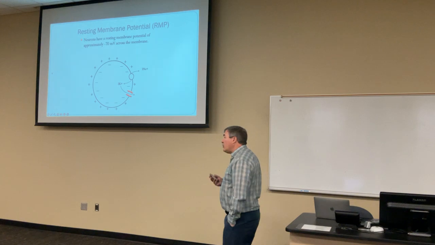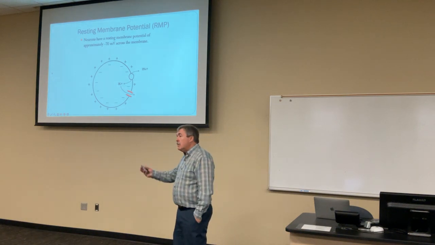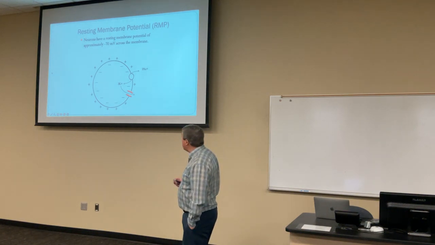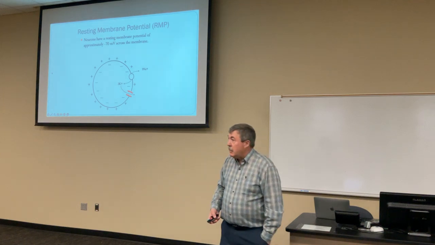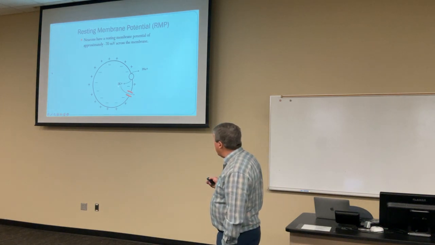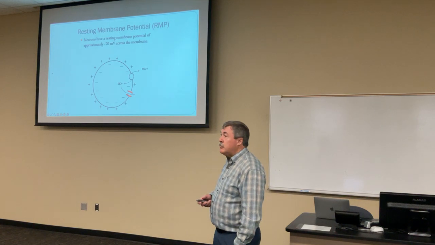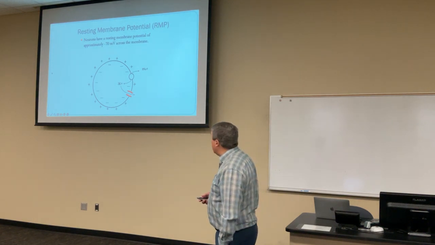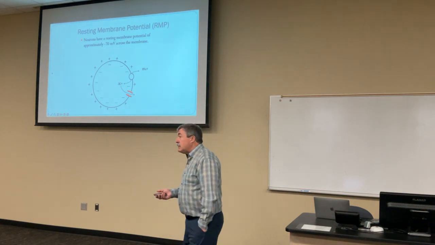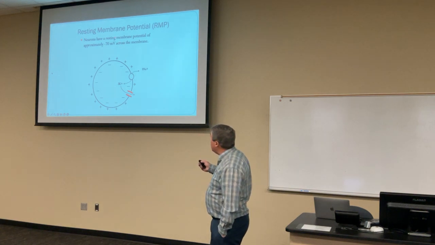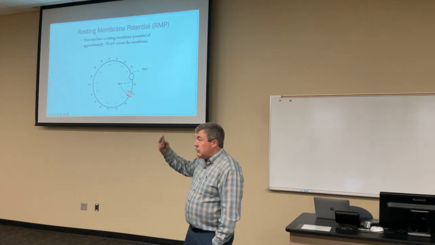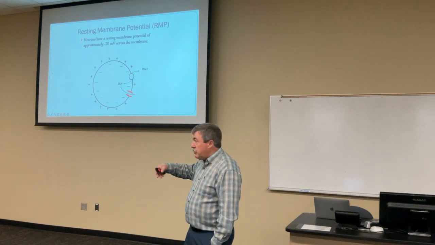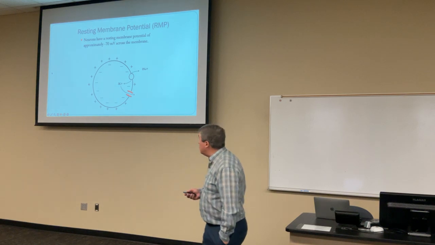So overall, most proteins tend to be somewhat negatively charged. So that makes the inside of the cell membrane even more negative than it would be if it were only caused by the diffusion of potassium. And so the presence of protein inside the cell is going to make that resting membrane potential even more negative than it would be if we only factored in potassium alone.